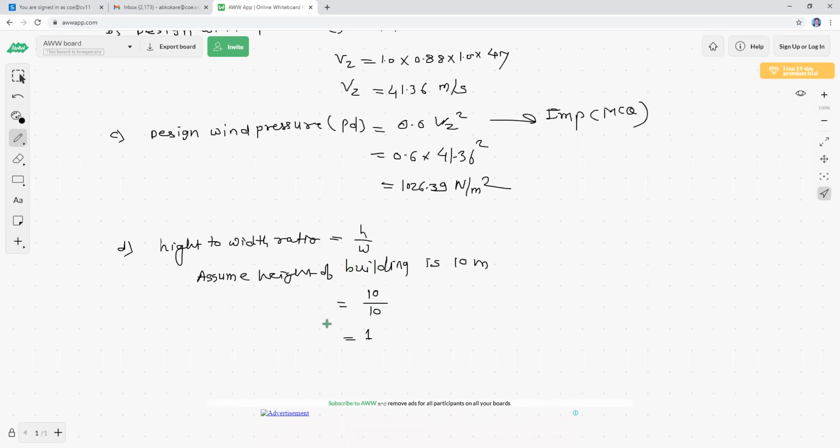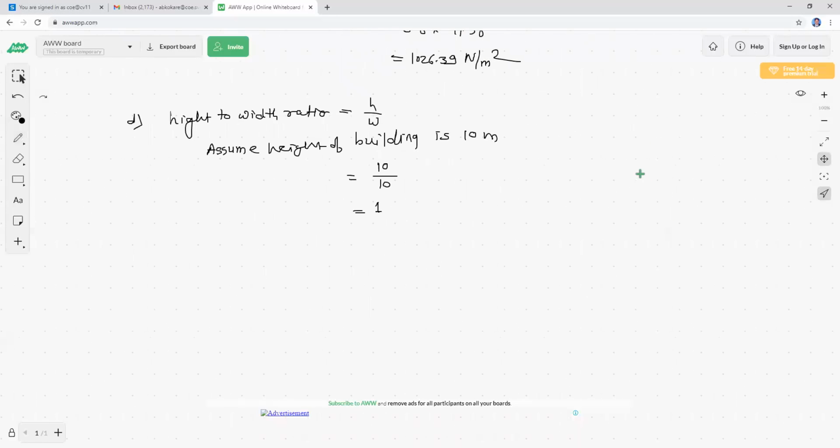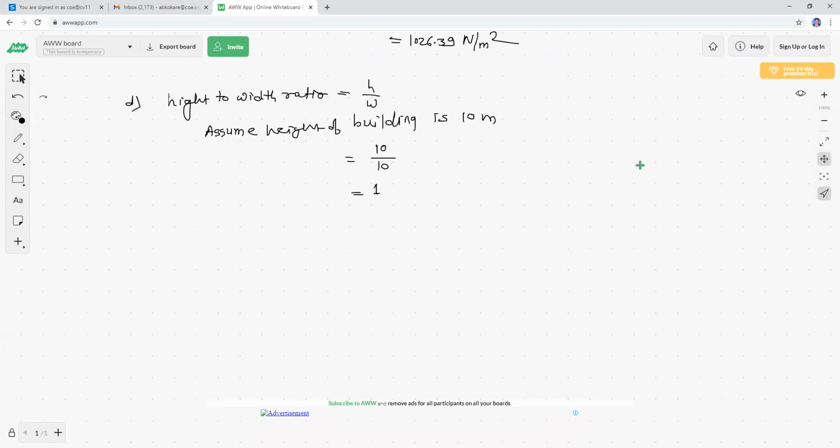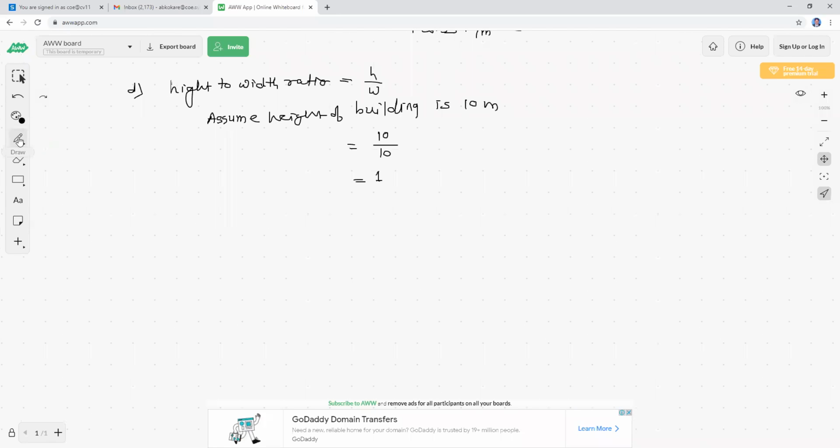Now for this we have to calculate the wind coefficients for this and your wind angle. Now everyone please write down.